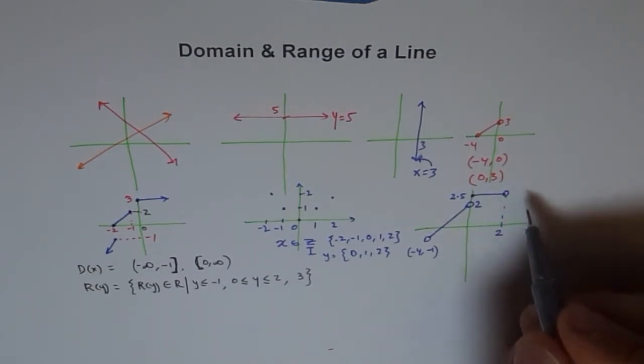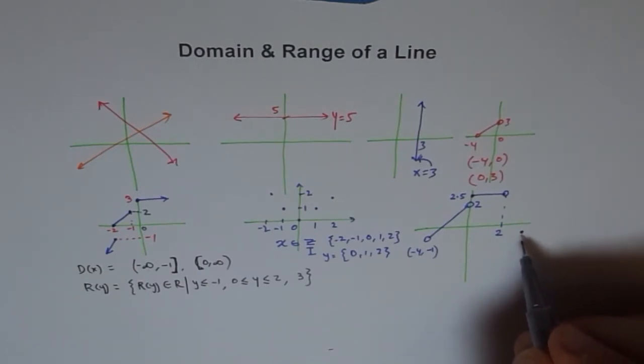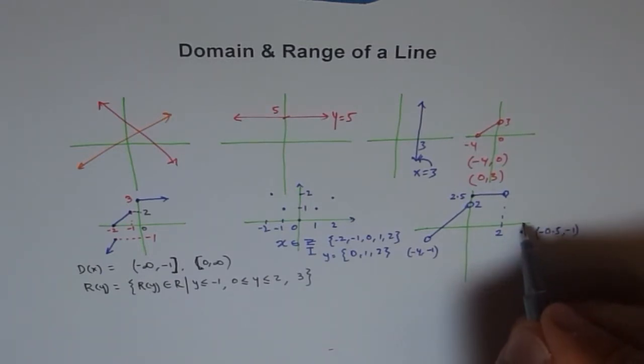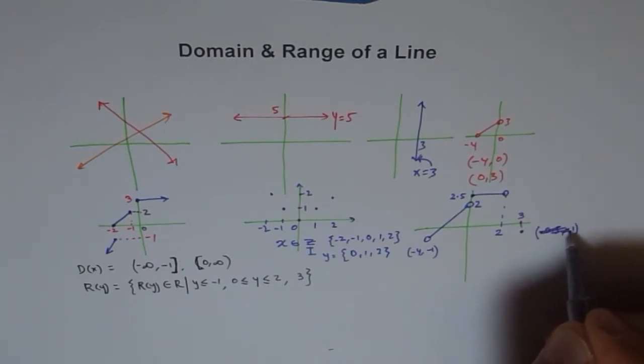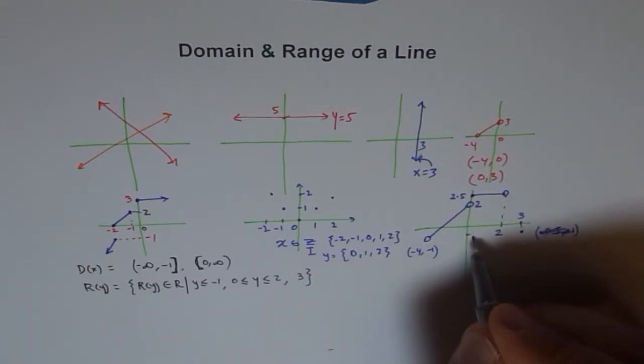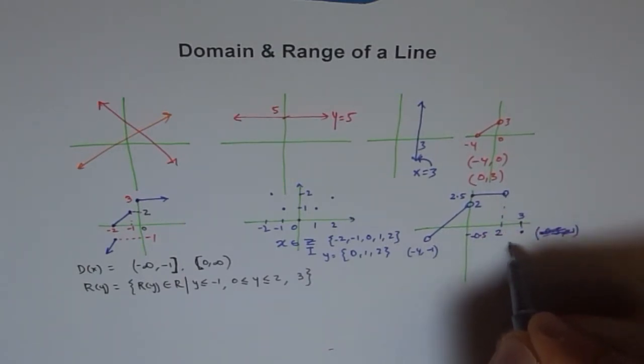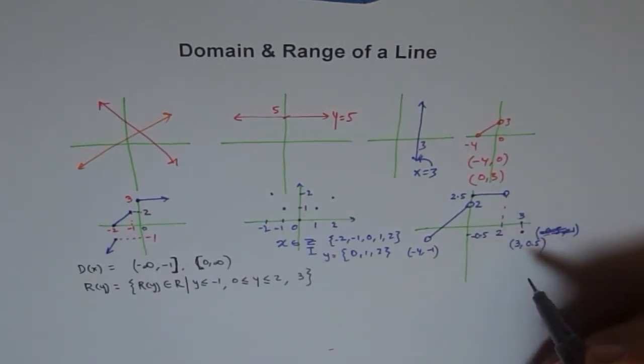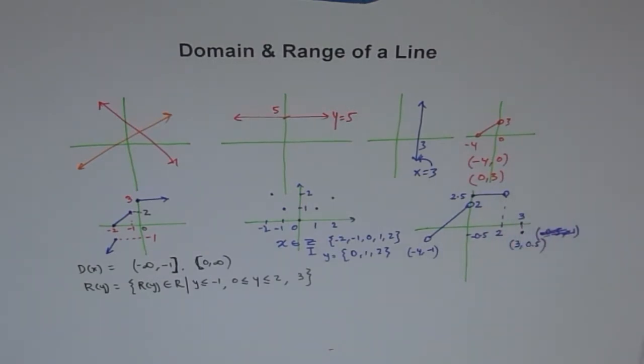And then we have a point somewhere here, and the coordinates for this point are 3 and minus 0.5. Okay, so this is my simple graph. I would like you to write the domain and range for this function.